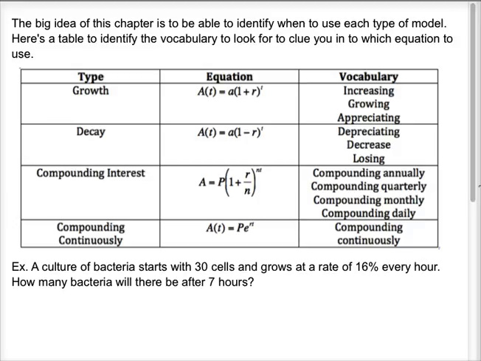This table is for your benefit. It goes through some of the vocabulary that indicates which type of problem. We're going to do 2 more examples because on the test, you're going to have to pick out which equation to use. The equations will be given to you, but you have to know which one you can use.